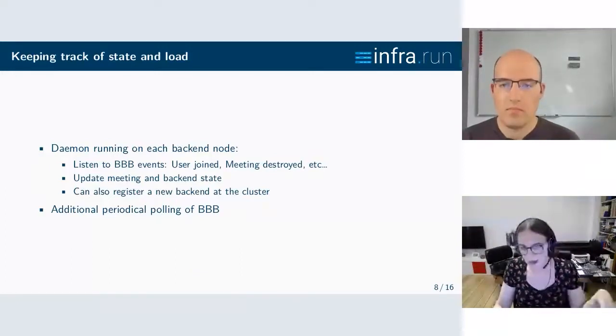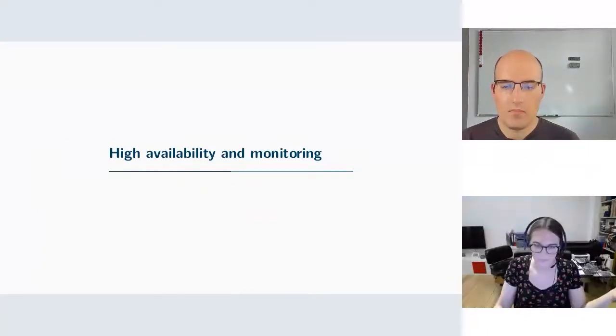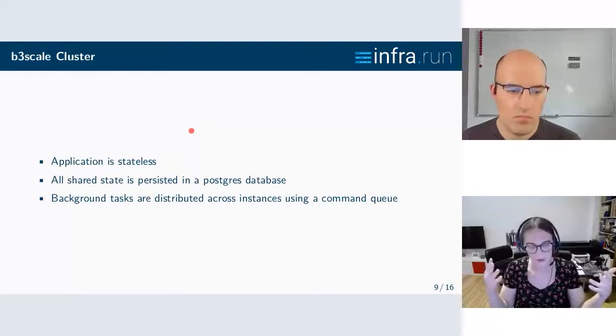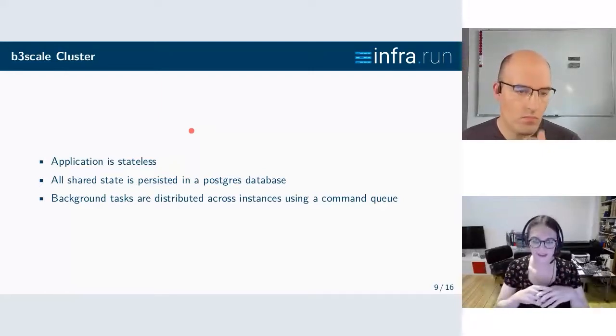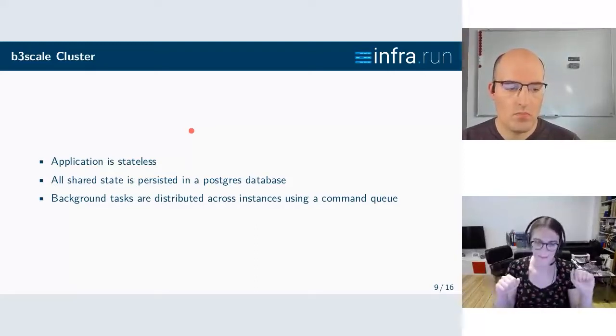Okay, so speaking about polling and background tasks, this is a thing you have to consider when deploying b3scale in a cluster setup. To make it scale horizontally, the b3scale application itself is completely stateless, and all persisted and shared state across instances is stored in a Postgres database.